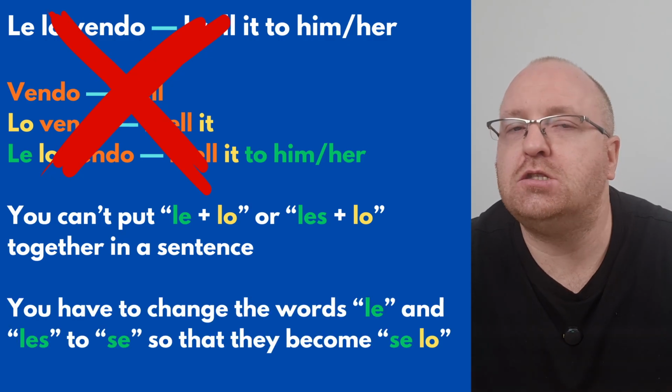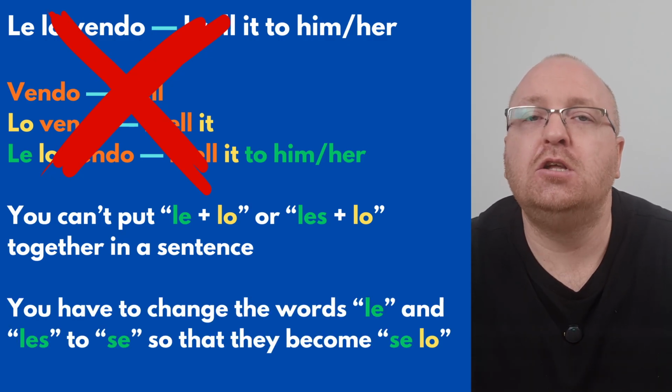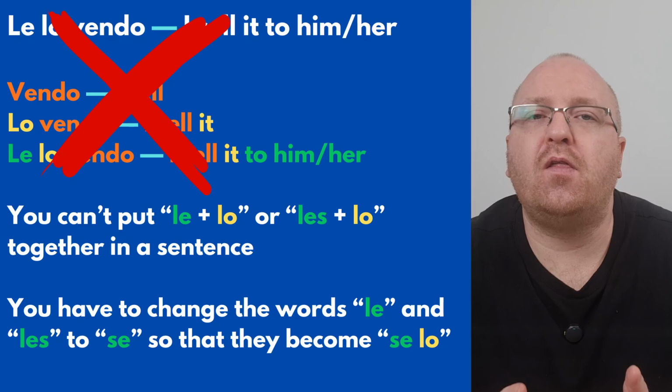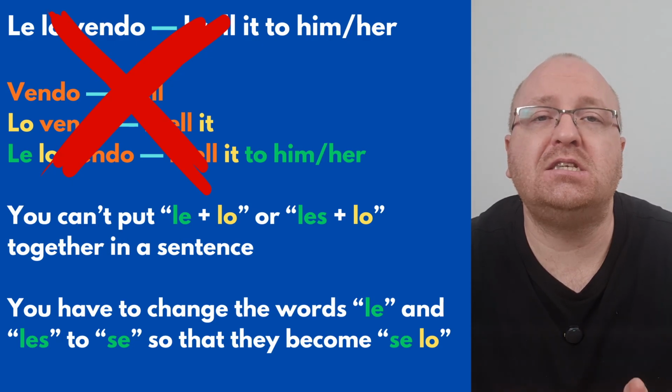You have to change the words le and les to se, so that it becomes se lo instead of le lo or les lo. As I said, this confuses all Spanish learners, but really it's just as simple as that. It's just as simple as changing le and les to se when you combine them with lo.